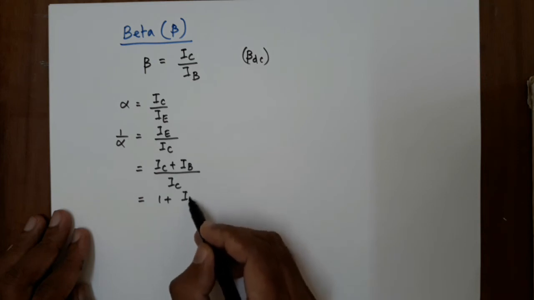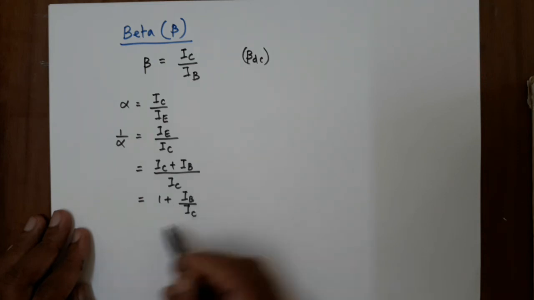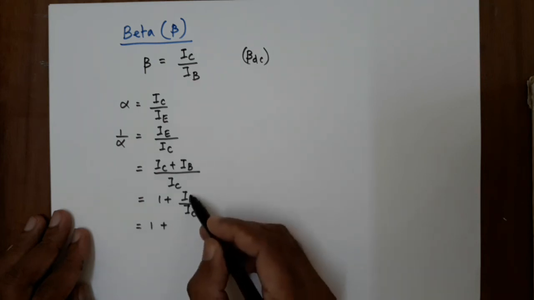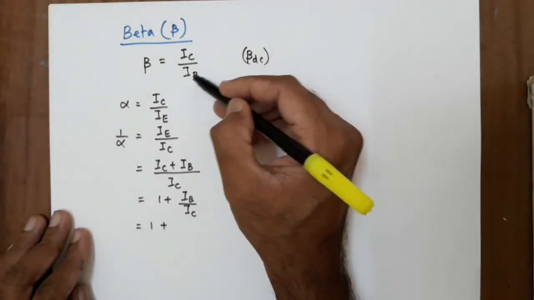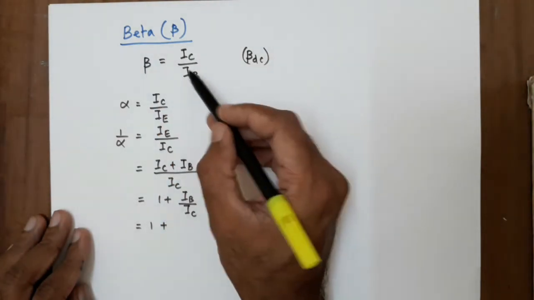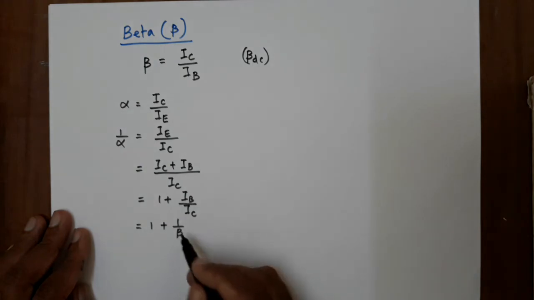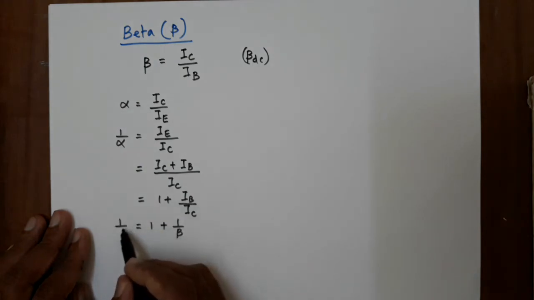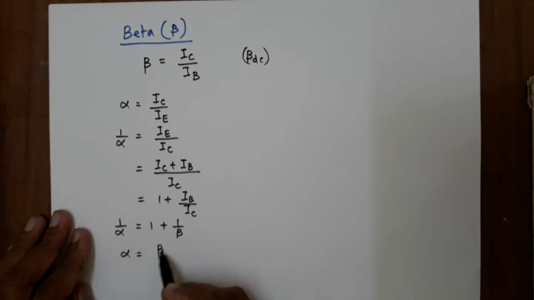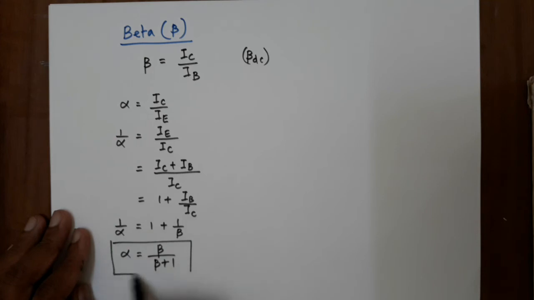What is IB by IC? IC by IB is beta, so IB by IC is 1 by beta. So 1 by alpha is nothing but 1 plus 1 by beta. So you can write alpha as beta divided by beta plus 1. That is one relation which will be useful.